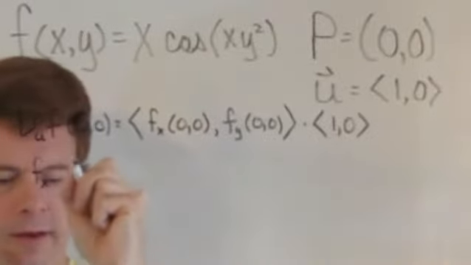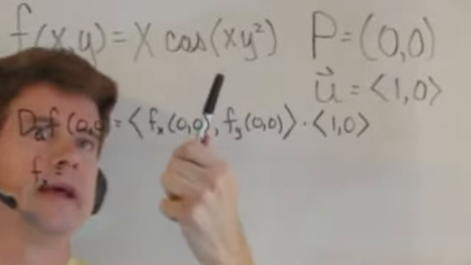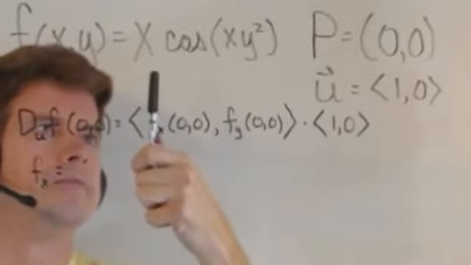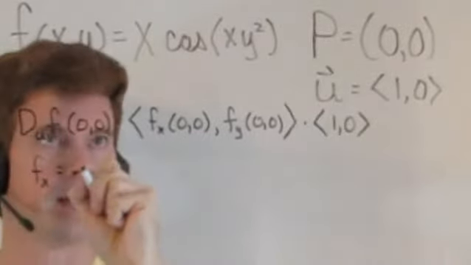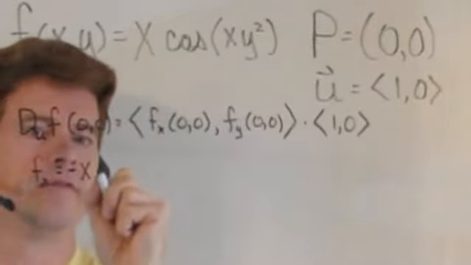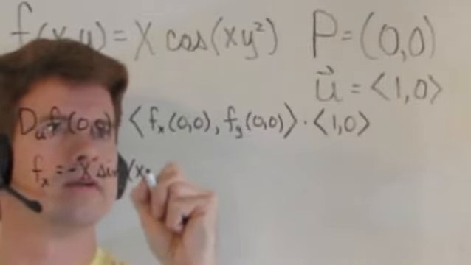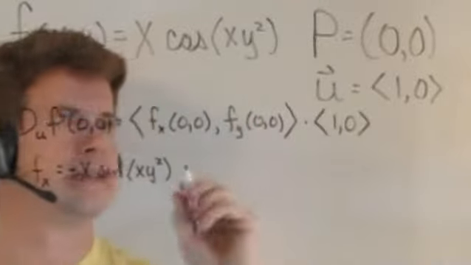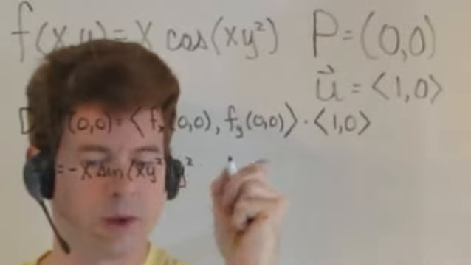So fx is equal to, taking the derivative, okay, we need to do this in two parts. We've got the product rule: taking the first times the derivative of the second. x times the derivative of cosine is going to be negative sine of x y squared, and then the derivative with respect to x, keeping y constant, gives us y squared.